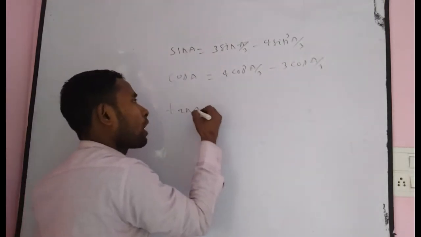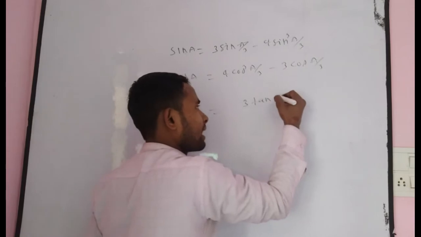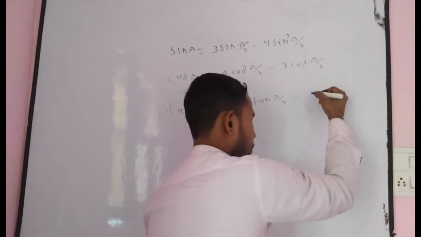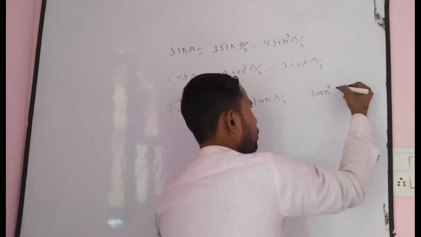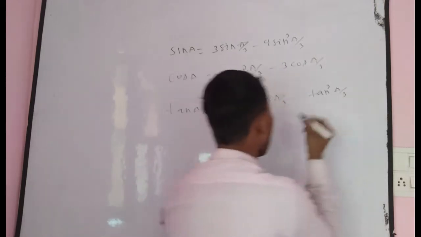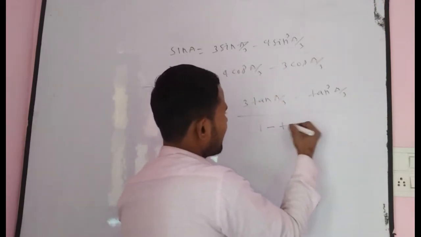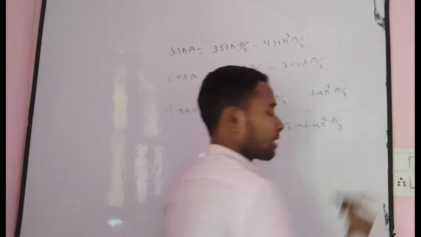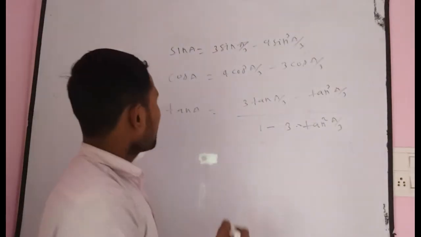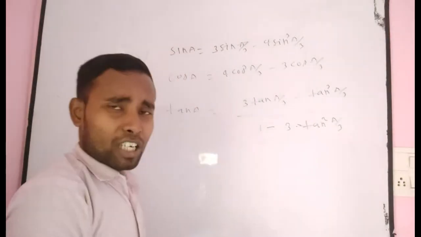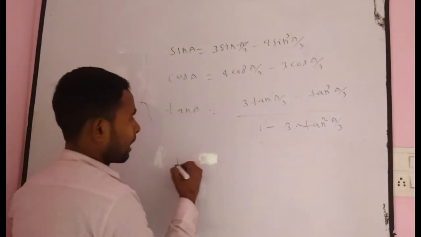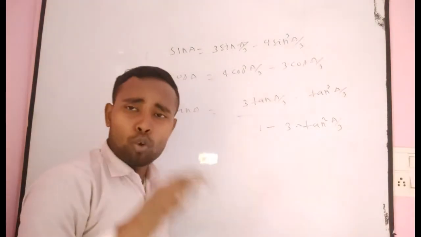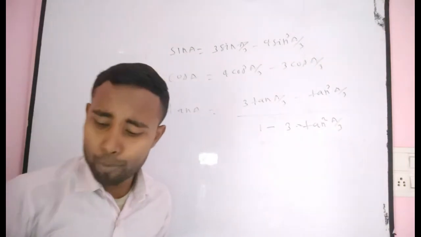Similarly, tan A is equal to 3 tan A by 3 minus tan cube A by 3 divided by 1 minus 3 tan square A by 3. These are all the formulas related to submultiple angle. Now I think you understand all multiple and submultiple angle formulas.